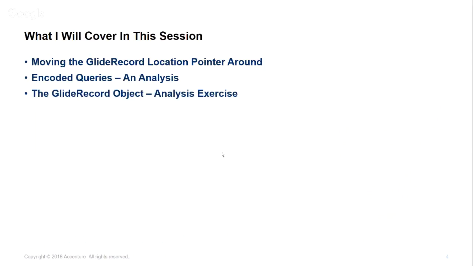And then finally, we're going to actually take a look at the GlideRecord object and what's actually inside of it. And yes, you can examine a GlideRecord object and what it brings back. Of course, GlideRecord objects are unusual. They're a Java object that's being transliterated into JavaScript and then dropped into computer memory.